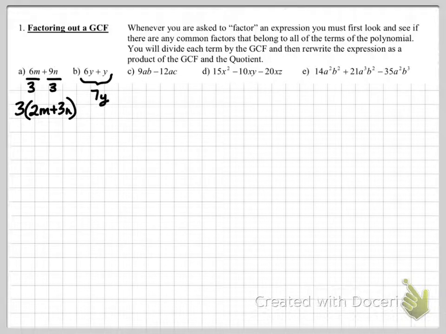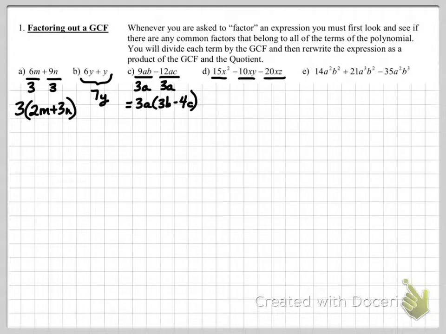In C, this time when I look at dividing something into both terms, I can divide a 3 into both terms, but I can also divide an a into both terms. And this would leave me with 3a times the quotient, which would be 3b minus 4c. In D, we're going to look at dividing something into all 3 terms.